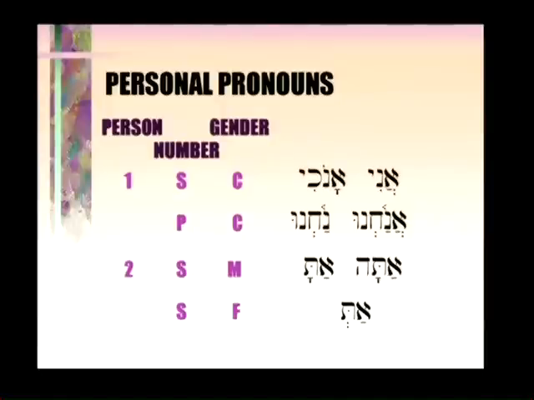The yod is the equivalent of a Y, and the hirik is an I-class vowel. So you have a hirik yod, a long I-class vowel, so it's the I. And just think of it as the I word, ani, and anoki, I. Can't help you out so well on anachnu that way, or ata, or at. There's not the simple conventions there to try to remember them. You have to figure out other ways to remember them.